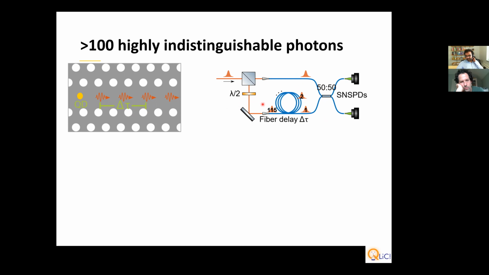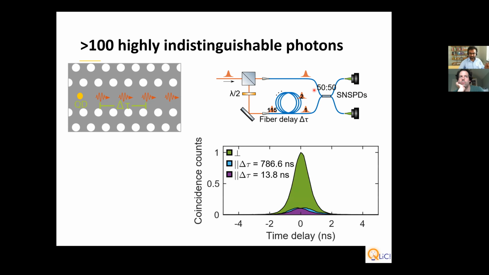And to ensure that they are identical, we can control their polarization on the second path. And we can then do 2 measurements. When they are perpendicularly polarized to each other, which means they are distinguishable photons, then we'd see coincidences which are high, because each of the photons can independently take the path that it wants.